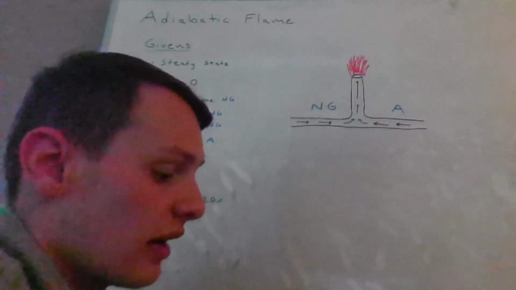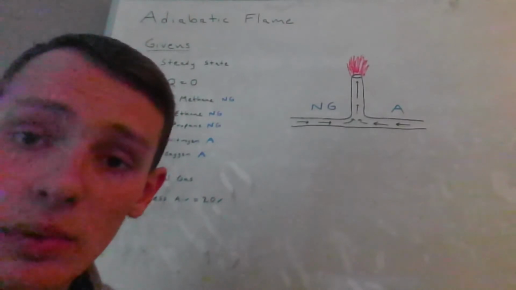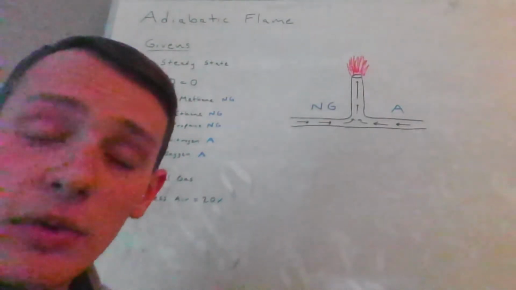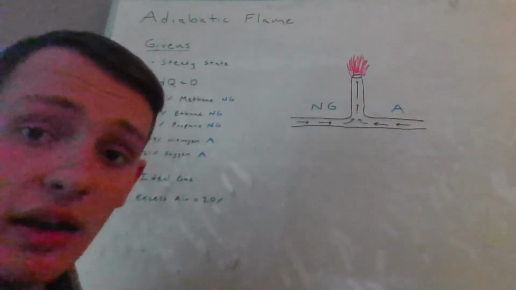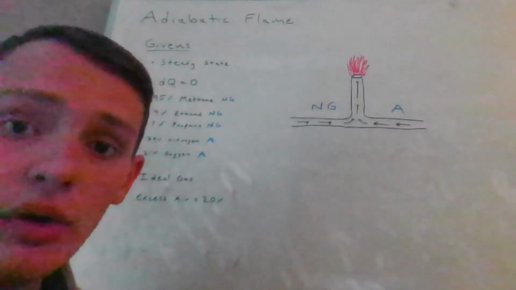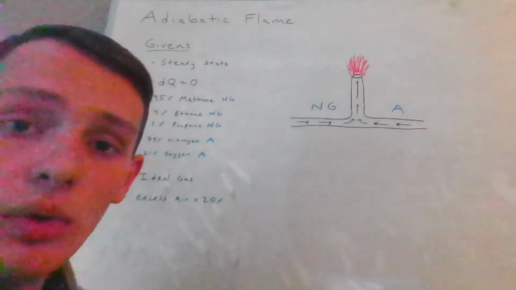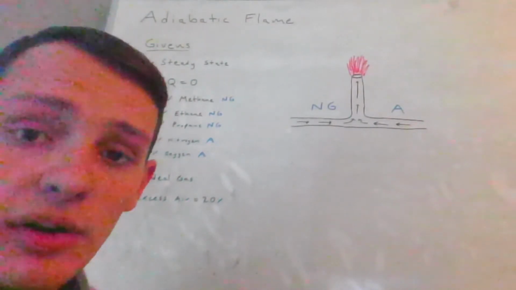So what I can write here, or I'll just say it before I actually write it so you hopefully can understand the concept, is that the enthalpy of our fuel going in that reacts with our air. So the enthalpy of the fuel and the air going in has to be equal to the enthalpy of the products that come out of our combustion reaction.